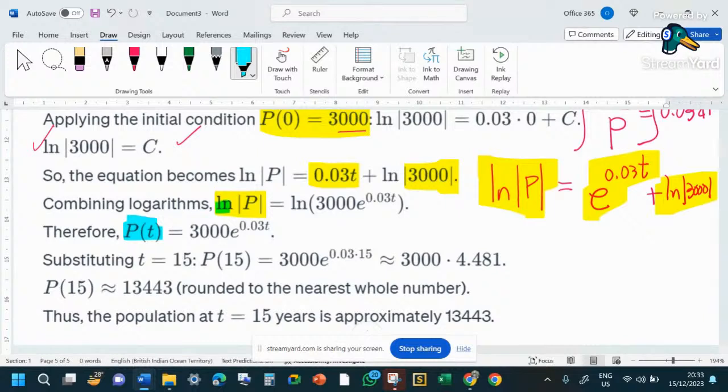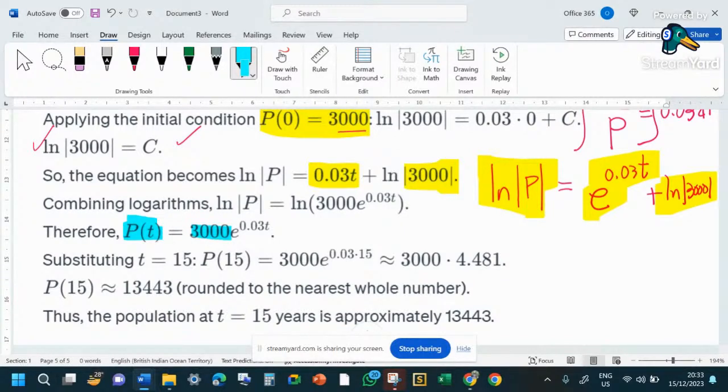Both are already ln, so we can remove that and make them both a normal number. You can only do that if you have changed the normal to an e notation or exponential notation. So now we can just remove the ln. Now, P here will be in terms of t. That's why it's P of t.